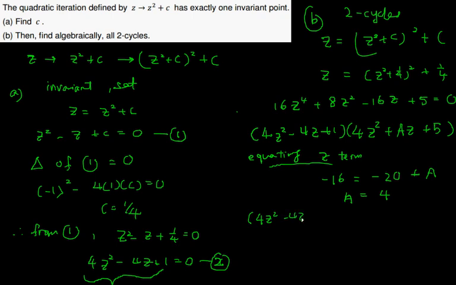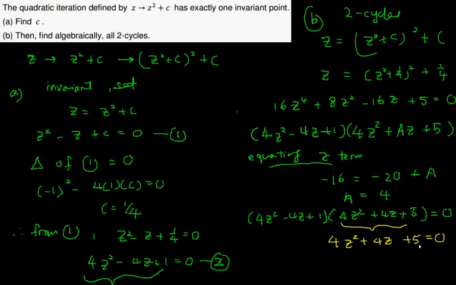So we have 4z squared minus 4z plus 1 times 4z squared plus 4z plus 5. Now remember, this first factor will actually give us the invariant point, and we don't want the invariant point, nor do we need to know the invariant point, at least for this particular problem. So all we need to do is just resolve this particular quadratic expression as an equation. So we just need to focus on this.